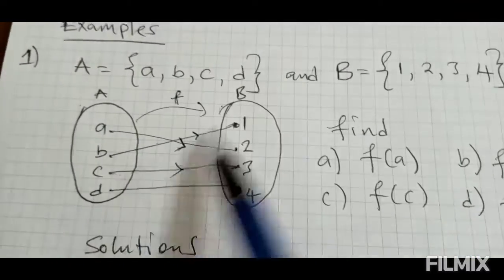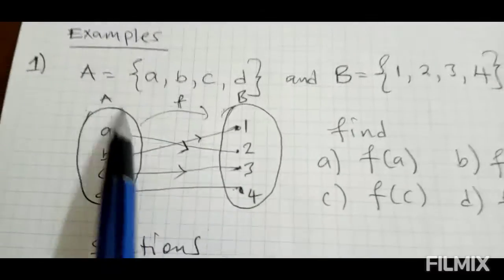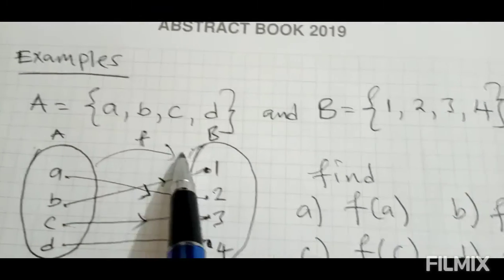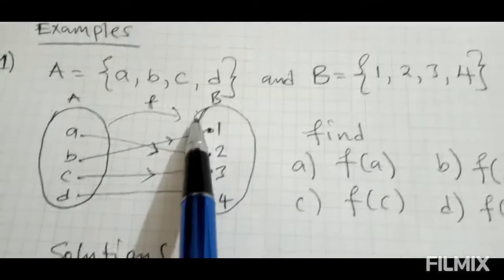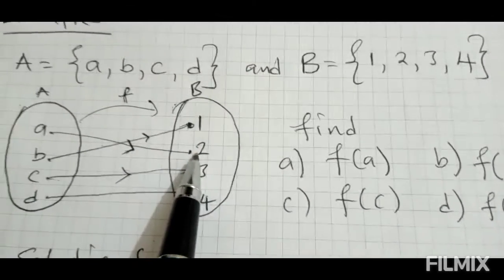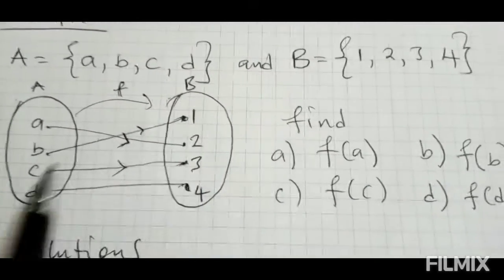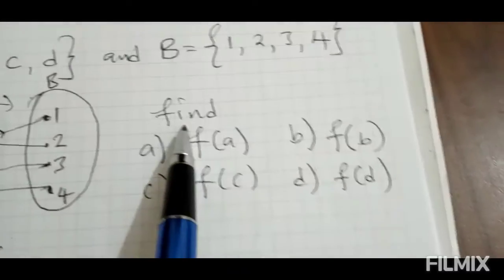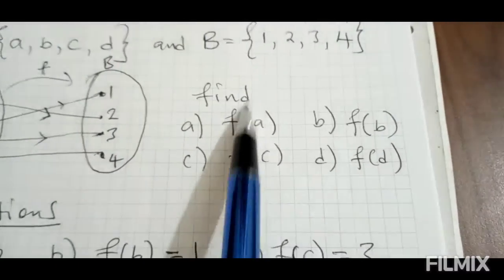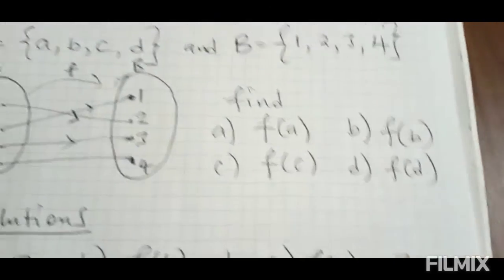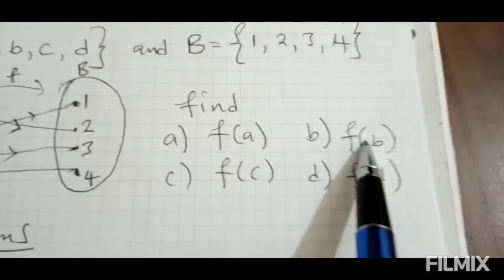This is set A and this is set B. Now look, this f shows that this is a function. So a goes to 2, b goes to 1, c goes to 3, d goes to 4. Now find f of a, f of b, f of c, f of d.